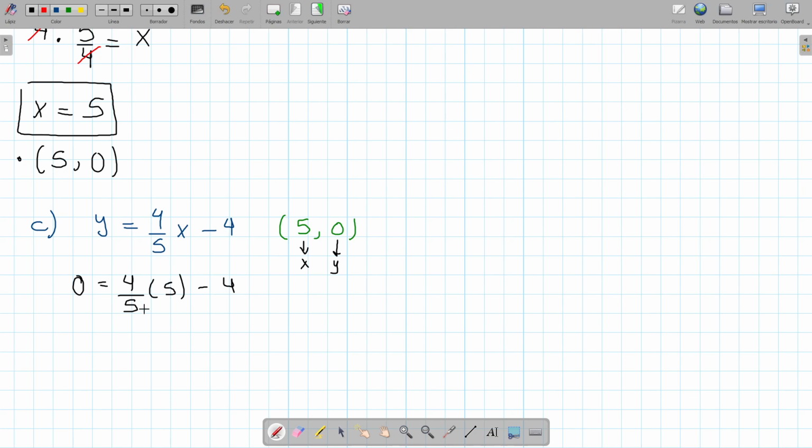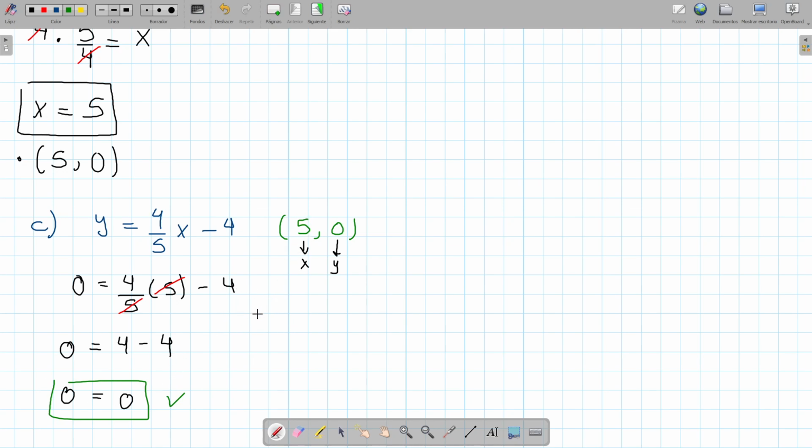We can simplify this, and we have 0 equals 4 minus 4, and 0 equals 0. So as you can see, this is true.